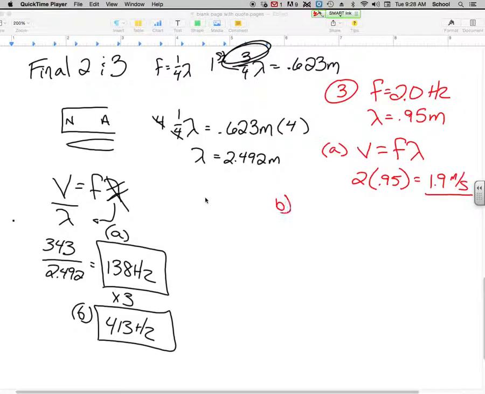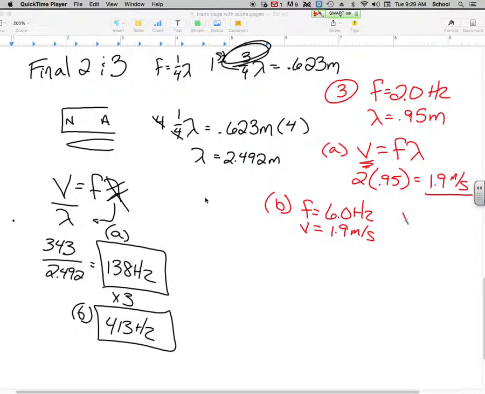Now for part B, it says as the frequency increases to 6, now all of a sudden F goes to 6 hertz. What's the new wavelength? Well, the frequency again I control, but the speed is controlled by the medium. So if I'm in the same medium, then the speed's not going to change. So I know my speed stays the 1.9 meters per second. So this time I'm looking for wavelength.